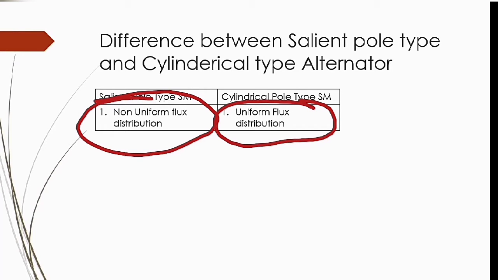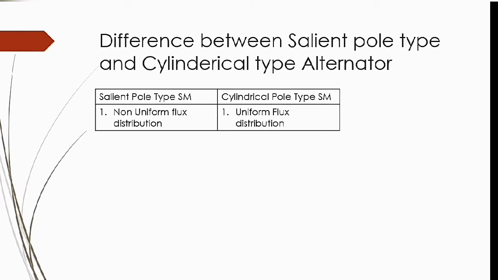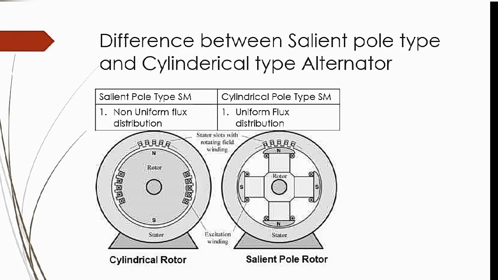Why is it so? This is all about the air gap. Here we see that in the cylindrical rotor the air gap is uniform.